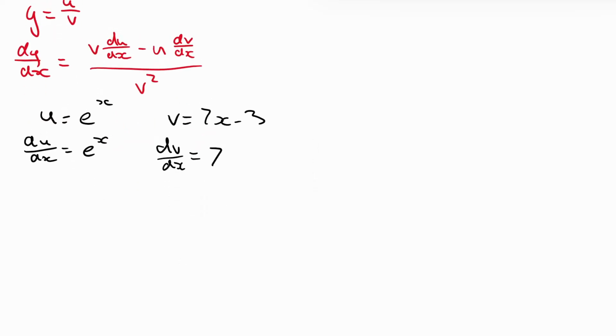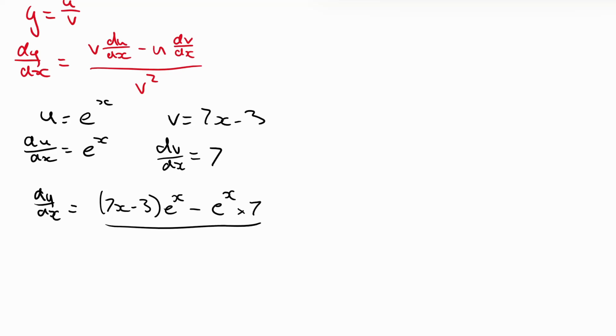and then we can just substitute this into the formula. So we get dy/dx equals 7x minus 3 times e^x minus my u times my dv/dx, which is 7, so times 7, and that's all over v squared, so 7x minus 3 squared.